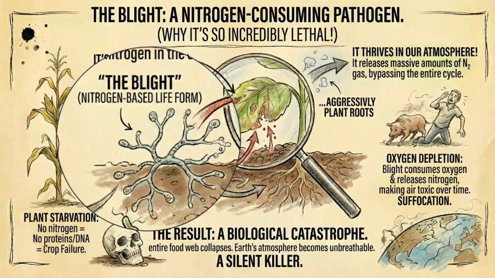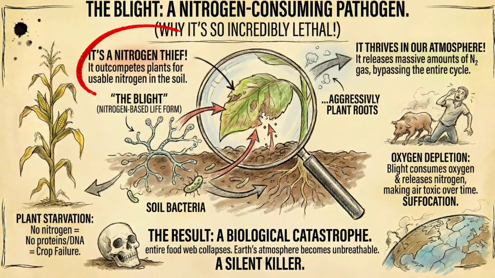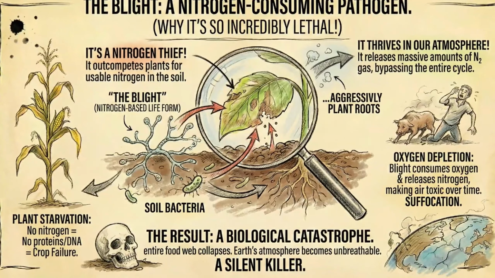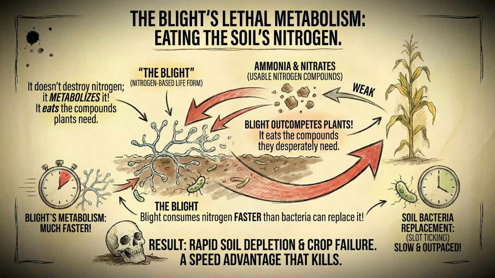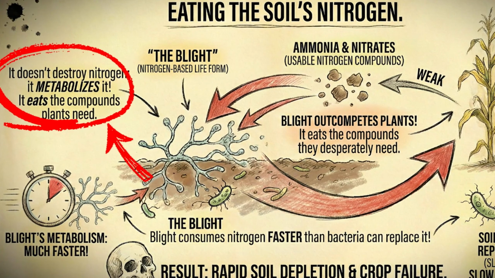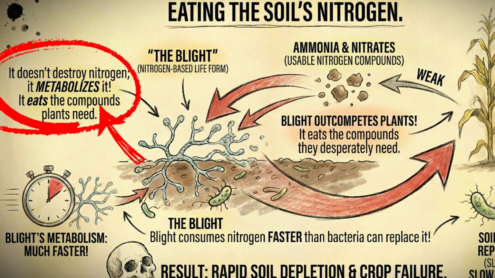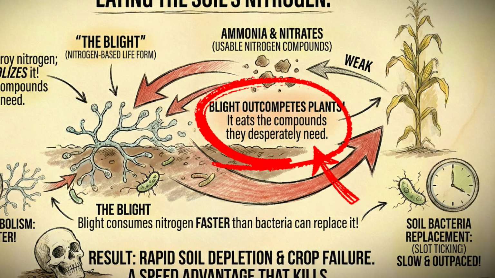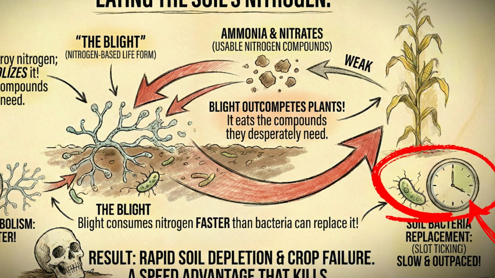The Blight. The film describes it as a nitrogen-consuming pathogen. And here's what that means, why it's so incredibly lethal. The Blight doesn't destroy the nitrogen, it metabolizes it. It eats the nitrogen compounds in soil that plants desperately need, and it does it faster, much faster, than soil bacteria can replace it.